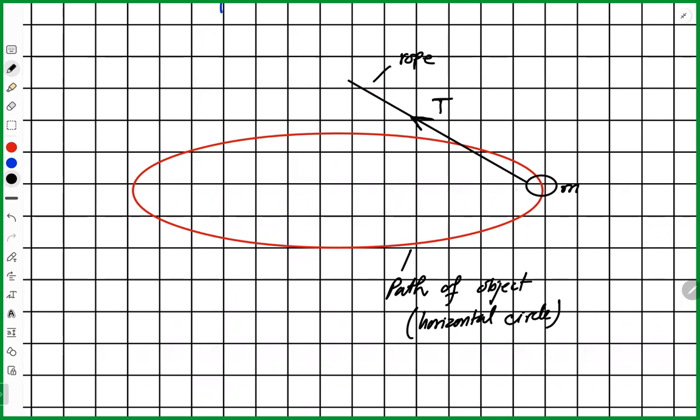This tension will always have two components. One will be acting this way. This angle is theta. This will be T cos theta. And there will be a vertical component, T sin theta. Remember, the weight of the object is acting this way, and in this case, centripetal force has nothing to do with the weight.